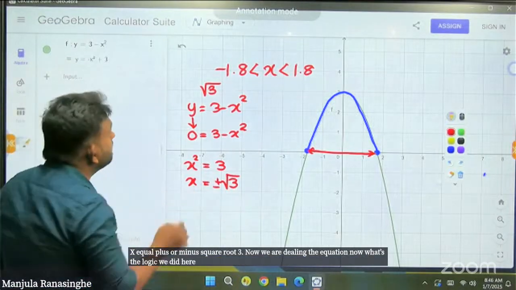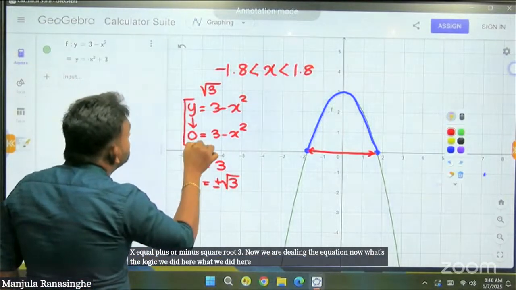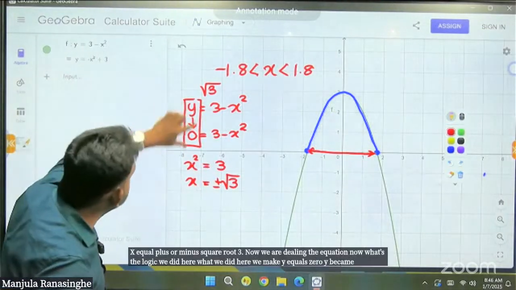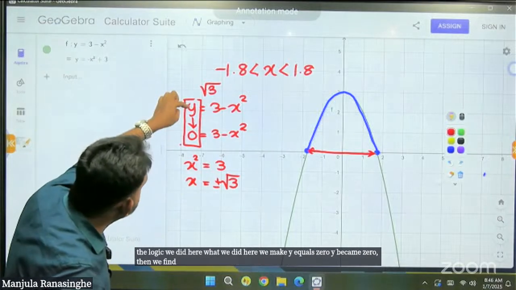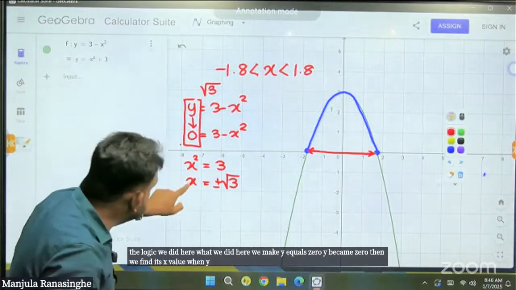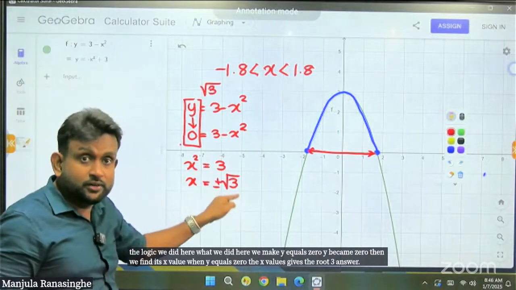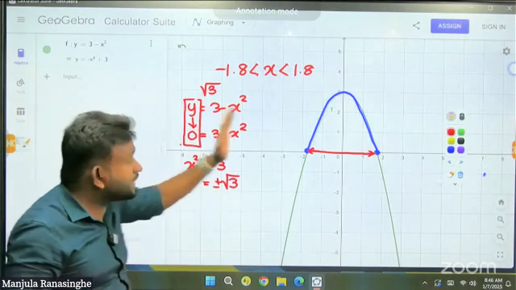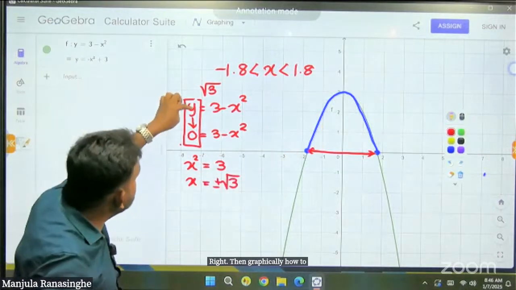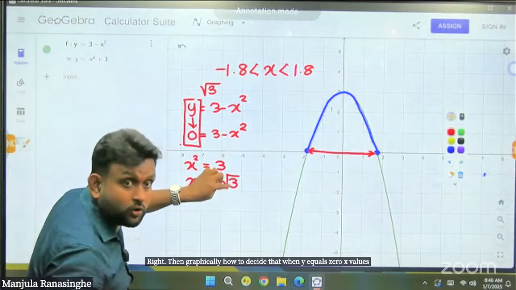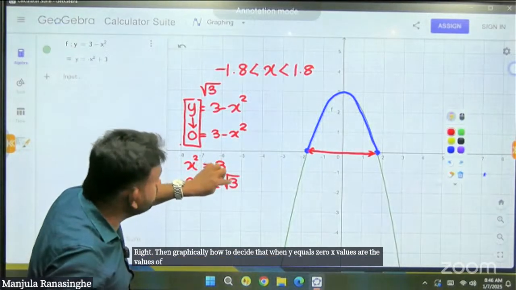We made y equal 0, then we found its x value. When y equals 0, the x values give the root 3 answer. Then graphically, how to decide that when y equals 0, the x values are positive or negative root 3?